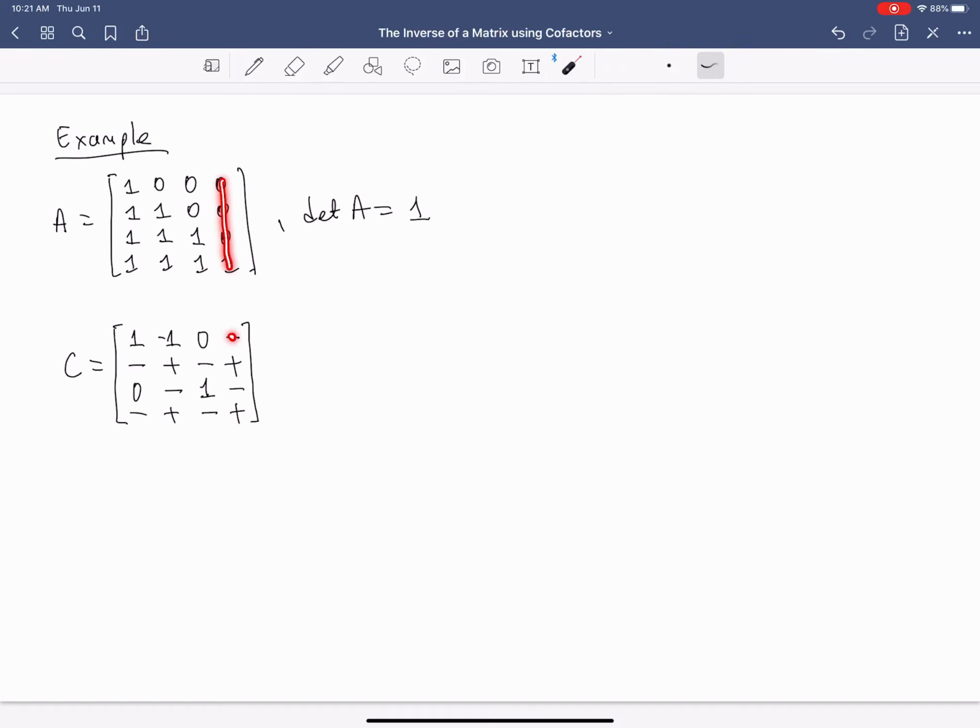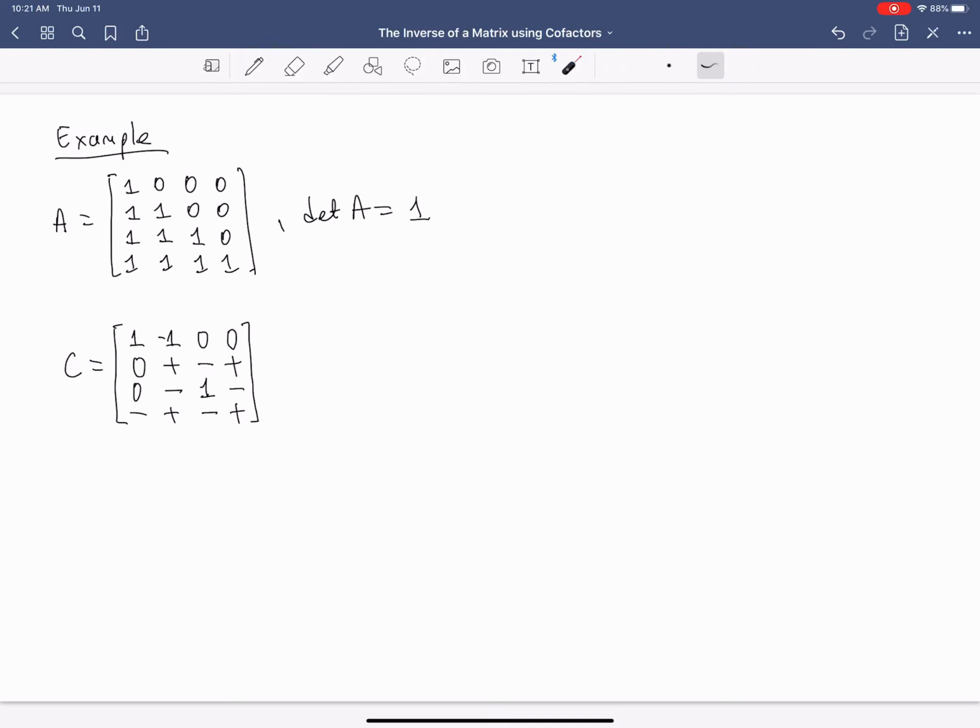So here, if I remove that row and that column, I get two columns that are equal. So again, I get a 0. Then I'm going to go for this position. I remove that row and that column. These two columns are the same, or I get a row of zeros. Both tell me that the determinant is 0.